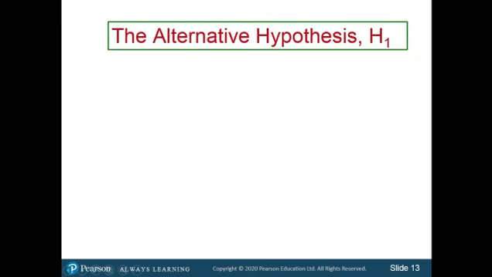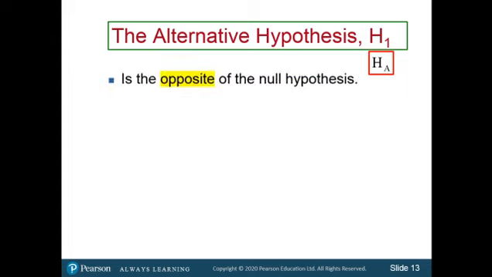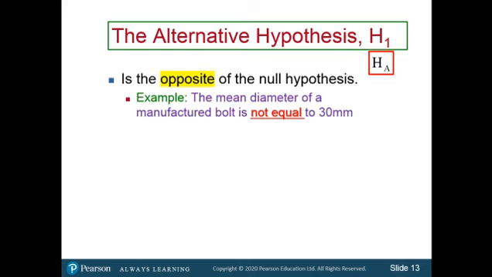Okay, let's take a look at the alternative hypothesis, denoted by H sub 1. You can also use H sub A to represent the alternative hypothesis. The letter A represents the word alternative. The alternative hypothesis is the opposite of the null hypothesis. For example, the mean diameter of a manufactured bulb is not equal to 30 millimeters.